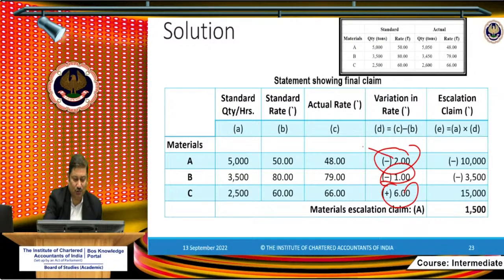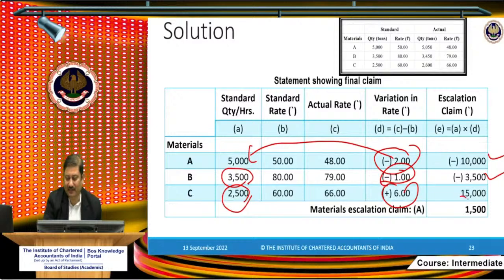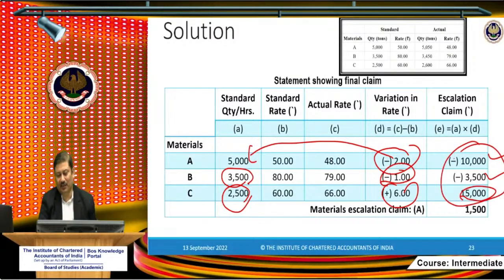Now minus 2 multiplied by the quantity used, that is minus 10,000, minus 1 multiplied by 3500, that is minus 3500, then plus 6 multiplied by 2500, that is 15,000, and if you add and adjust, then 1500 is the escalation claim of the builder or the constructor for that particular item of material.